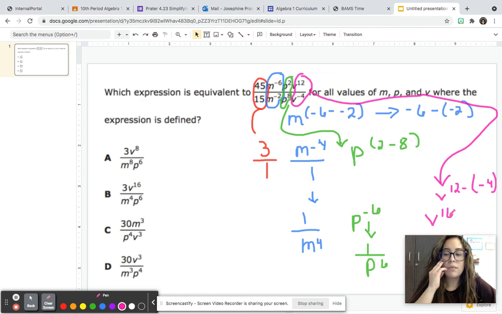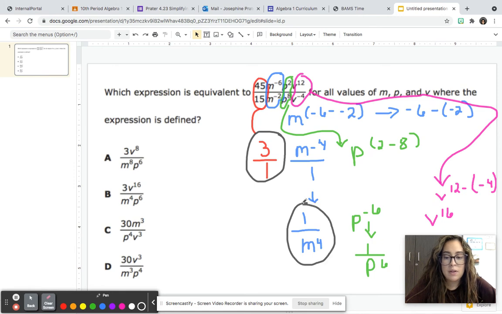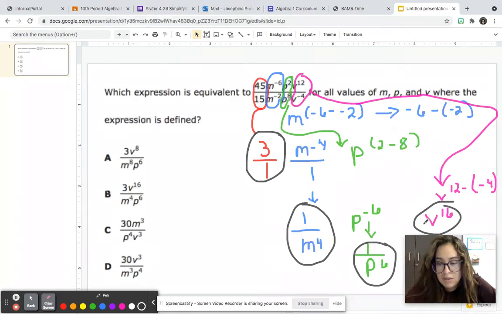Okay, the last and final step is to multiply all of my simplified parts. Remember, because there's no longer a fraction, we think of it as a whole and put a 1 underneath.